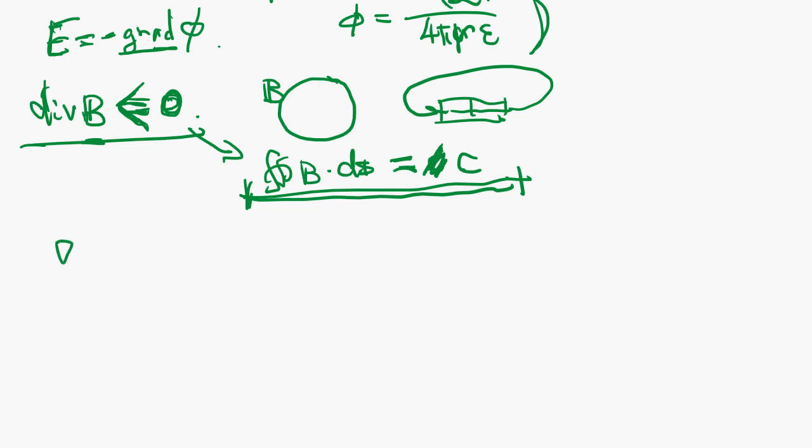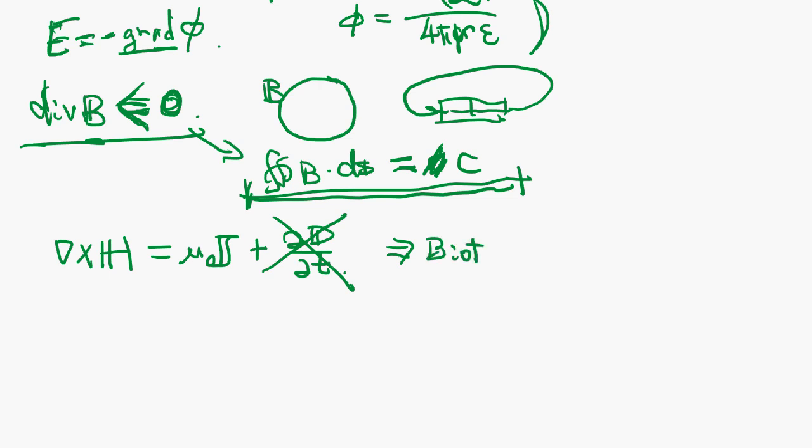Now, the next one is H equals J plus this one. And in the previous video, I explained if you ignore this transient area, then it becomes the Biot-Savart law. They call that a law, but it's actually an integral form equation for pi.